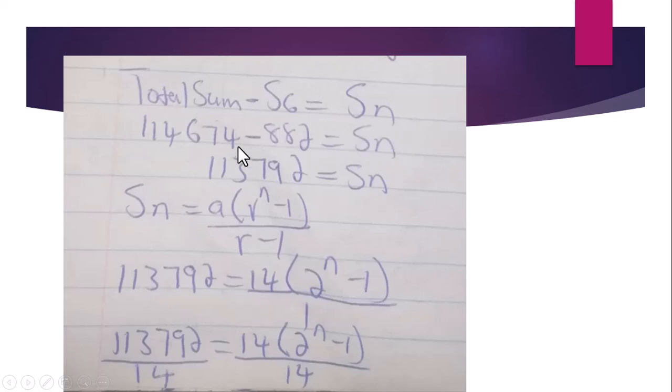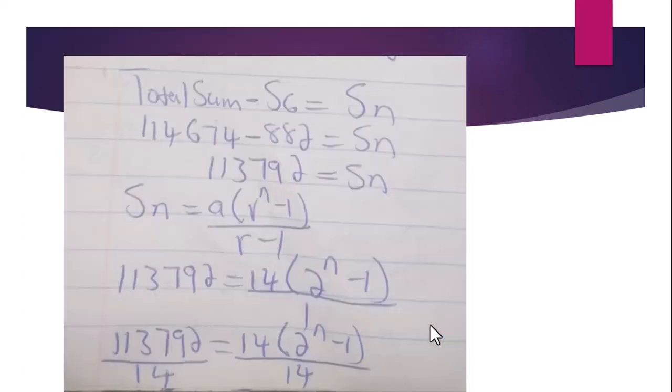And then when I subtracted there, I got this value, and then I used that value. And then I'm looking for n, and I found n as being equal to this. So I had to manipulate in here.